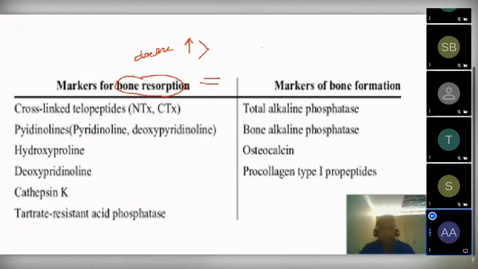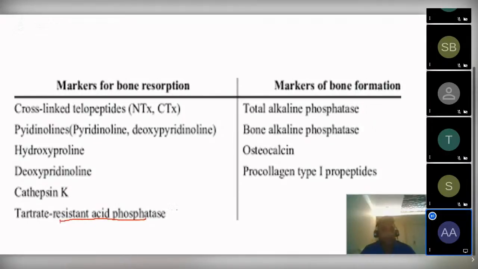So bone formation is most often seen in fracture healing. We'll come to where bone resorption markers in the serum or in the urine indicate certain bone resorptive disorder. For example, it can be a malignancy or Paget's disease.